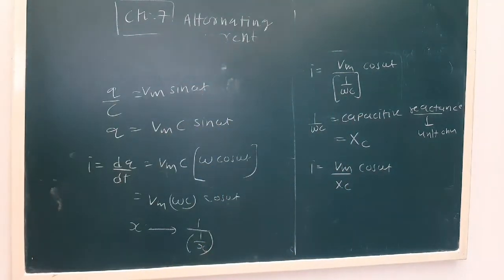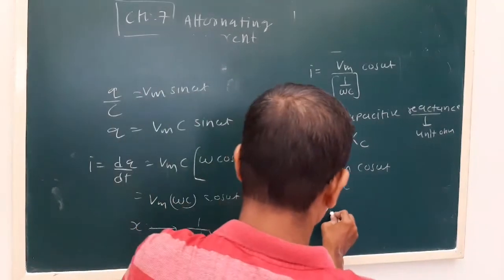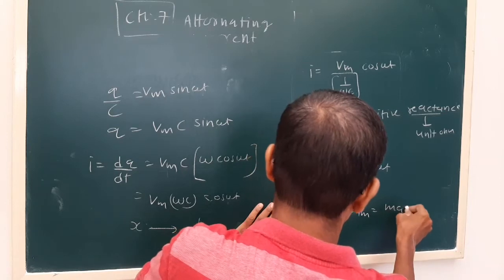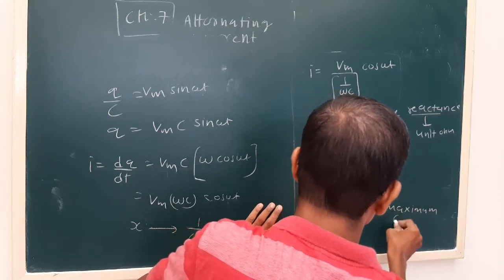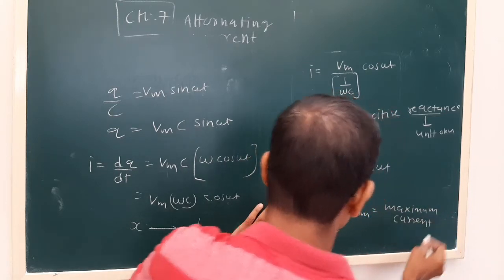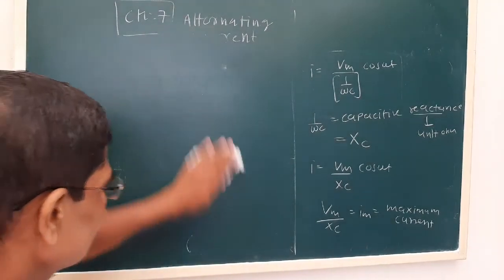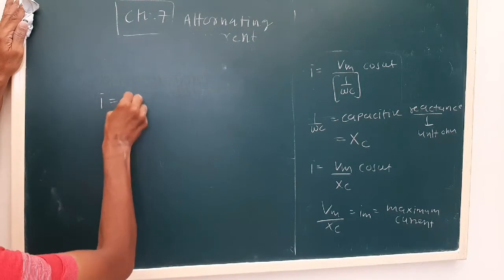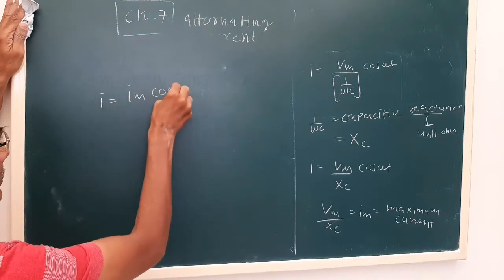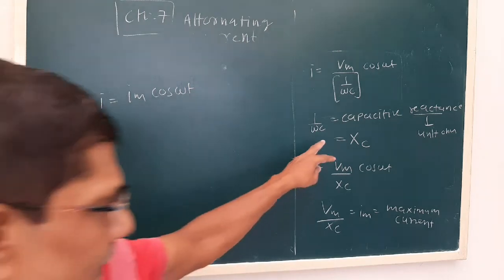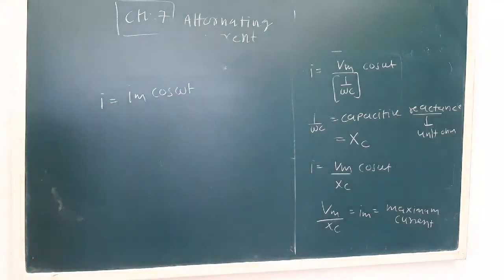Now Vm upon Xc we call the maximum current. So our equation has become I is equal to Im cos omega t.